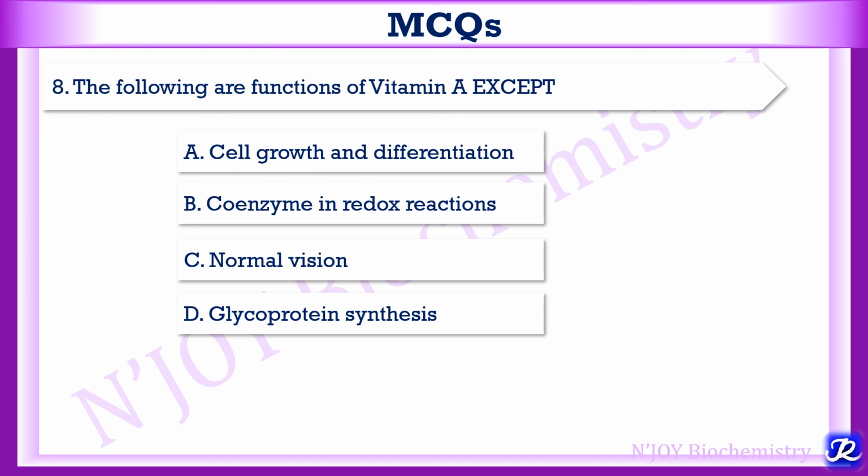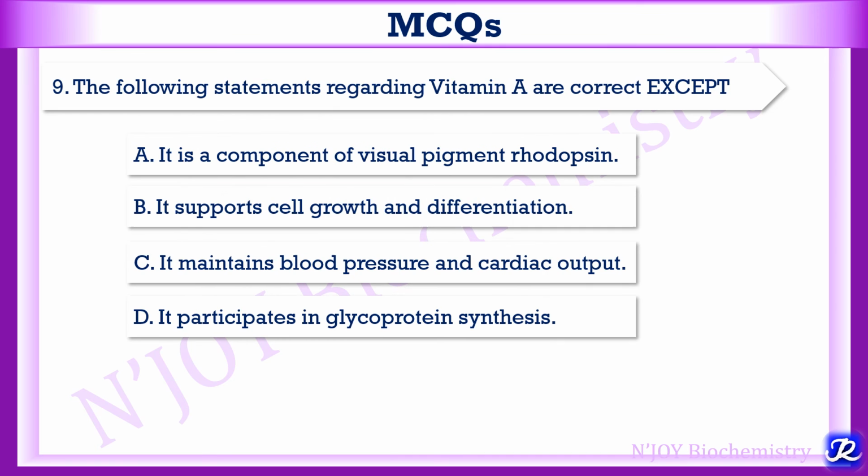The following are functions of vitamin A except: cell growth and differentiation, coenzyme in redox reactions, normal vision, and glycoprotein synthesis. Vitamin A has a role in cell growth and differentiation, normal vision and glycoprotein synthesis. So here the answer is B, because it is not involved as a coenzyme in redox reactions.